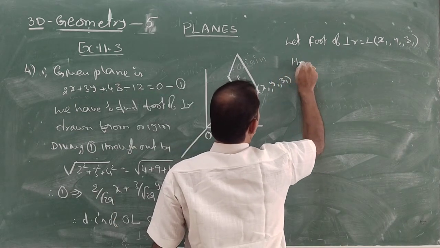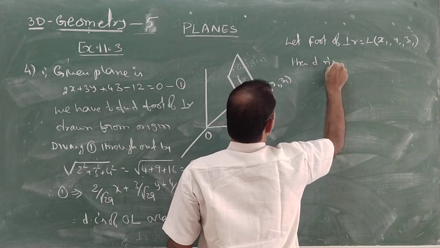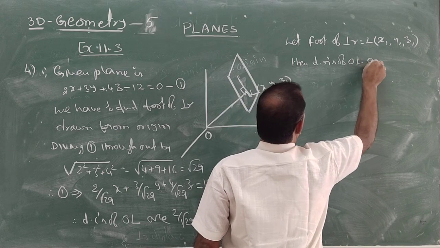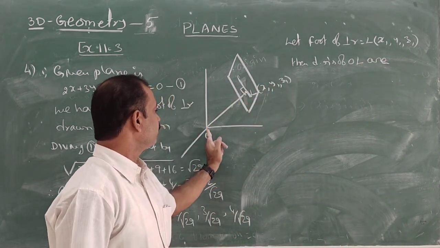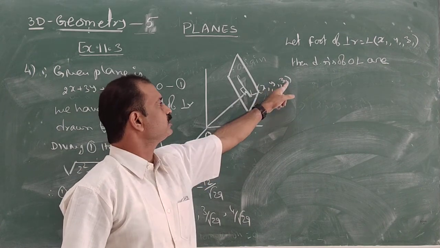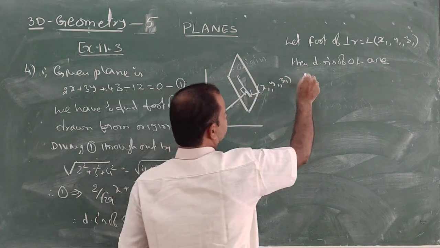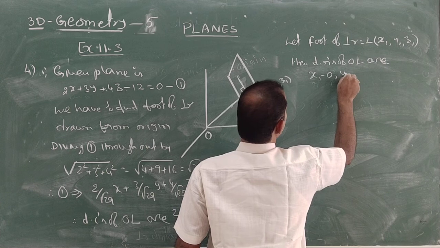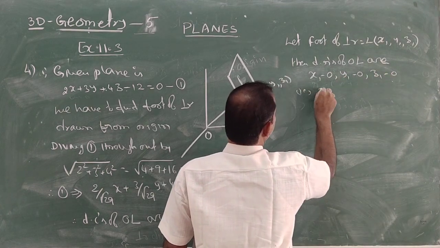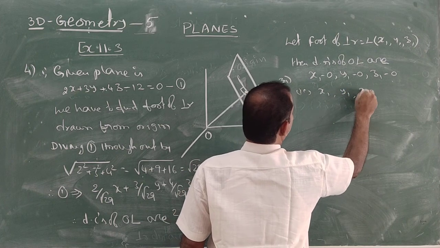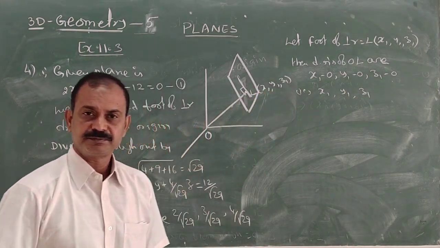Then what are the direction ratios of OL? x1 minus 0, y1 minus 0, z1 minus 0, which is nothing but x1, y1, z1.